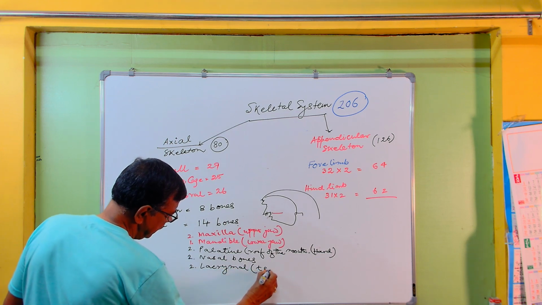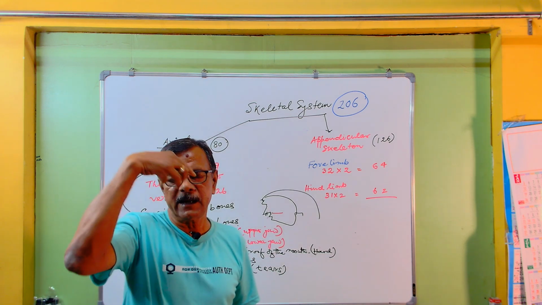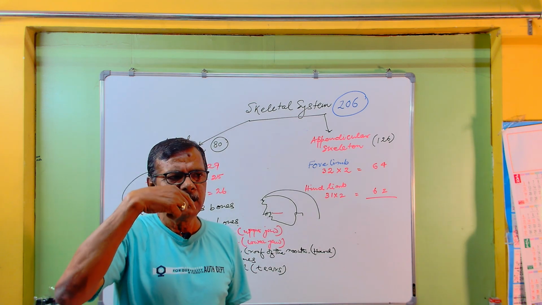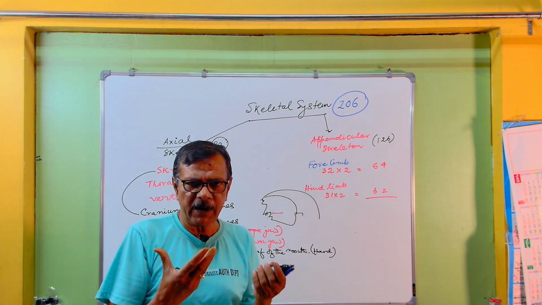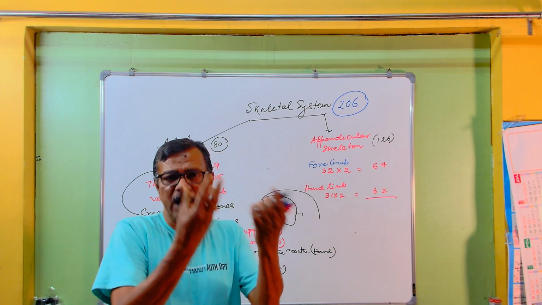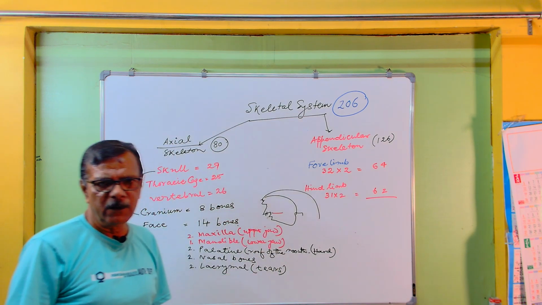Lacrimal means tears. On this side and that side there are two lacrimal bones, where lacrimation occurs. Whenever we sniff or cry, water comes out. So these two are lacrimal bones, the tear bones.